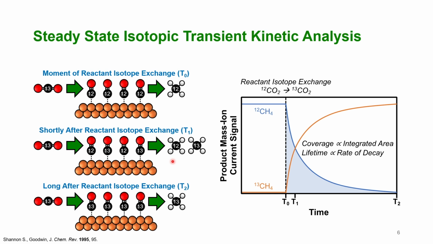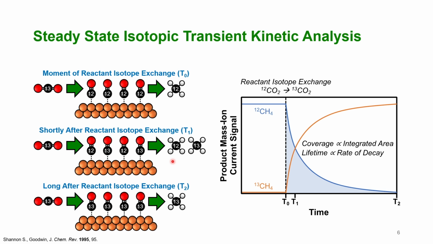And once steady state is established, the inlet feed stream is rapidly switched to a feed stream that contains an isotopically labeled reactant species. And now as this inlet is entering the mass spectrometer, it's replacing the original reactant on the catalyst, and this exhibits a transient change on the catalytic surface.